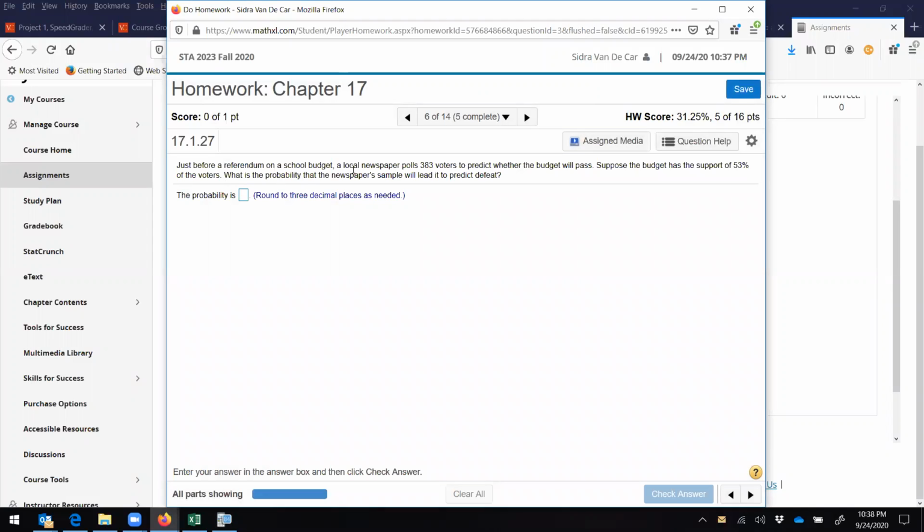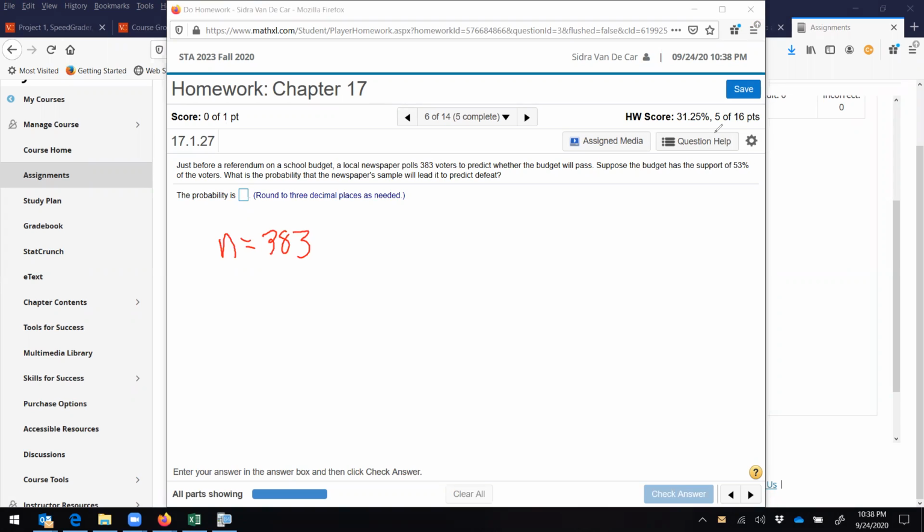Just before a referendum on a school budget, a local newspaper polls 383 voters to predict whether the budget will pass. Suppose the budget has the support of 53% of the voters. What's the probability that the newspaper sample will lead it to predict defeat? Okay, so here my N is the 383 voters.